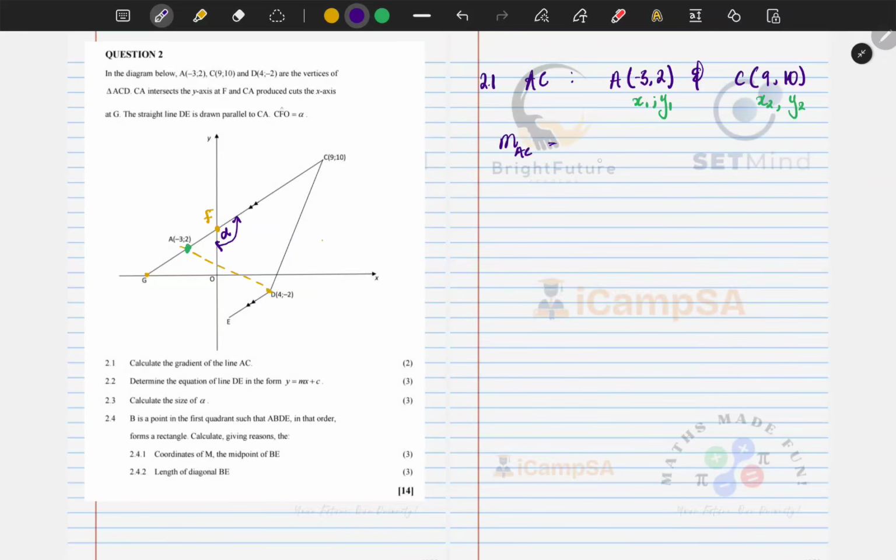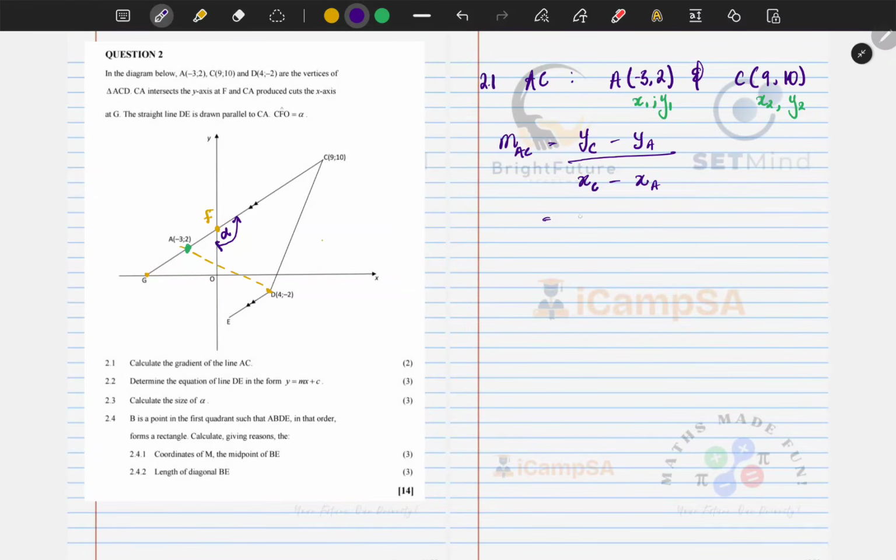So the gradient of AC will be given by your y of C minus your y of A, all over your x of C minus your x of A. When we substitute, what is your y of C?